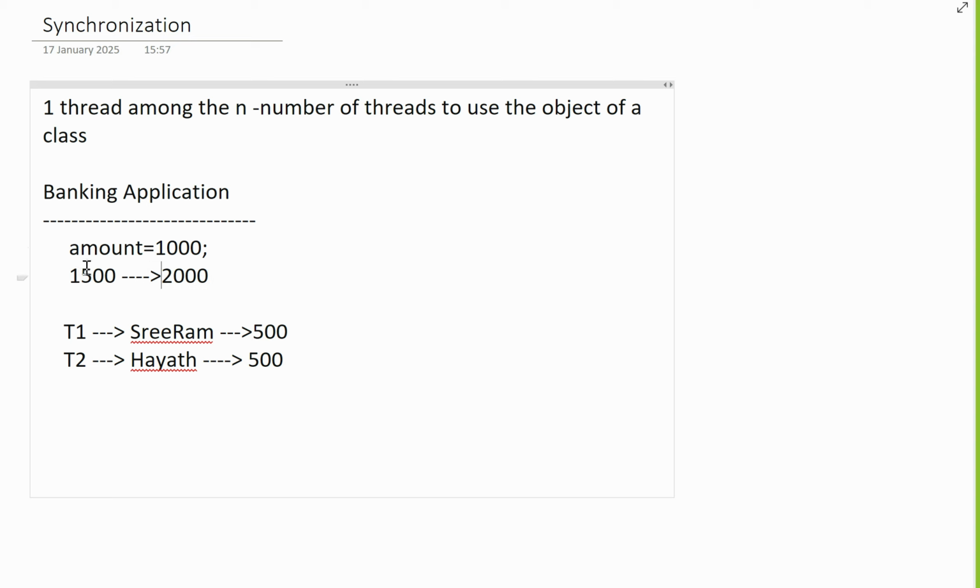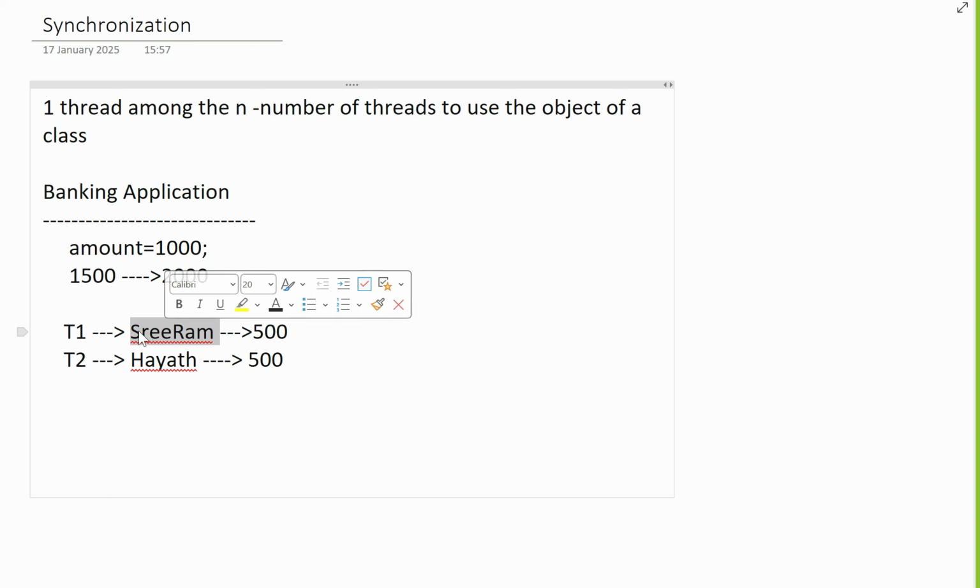In order to solve this kind of inconsistent result, we are going to apply the concept of synchronization to the methods. For example, if Sriram is performing a deposit operation, we will make the deposit method synchronized, so that while Sriram is using that deposit method, Hayat shouldn't be able to use it.